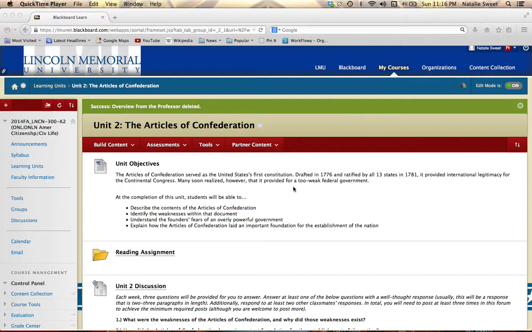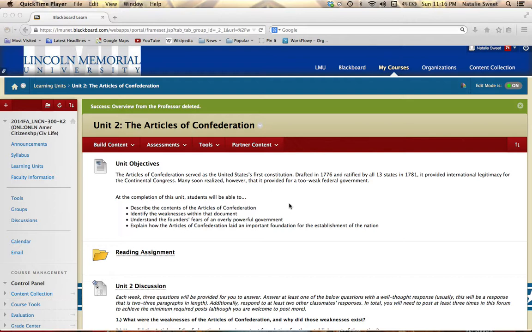So, at the completion of this unit, if you go to your unit objectives, you'll see that you should be able to describe the contents of the Articles of Confederation. You should be able to identify the weaknesses found within that document. As you go through and read the articles attached to it, you'll also understand the founders' fears of an overly powerful government and really pay attention to not so much what the Articles of Confederation allows the government to do, but what it limits them in being able to do.